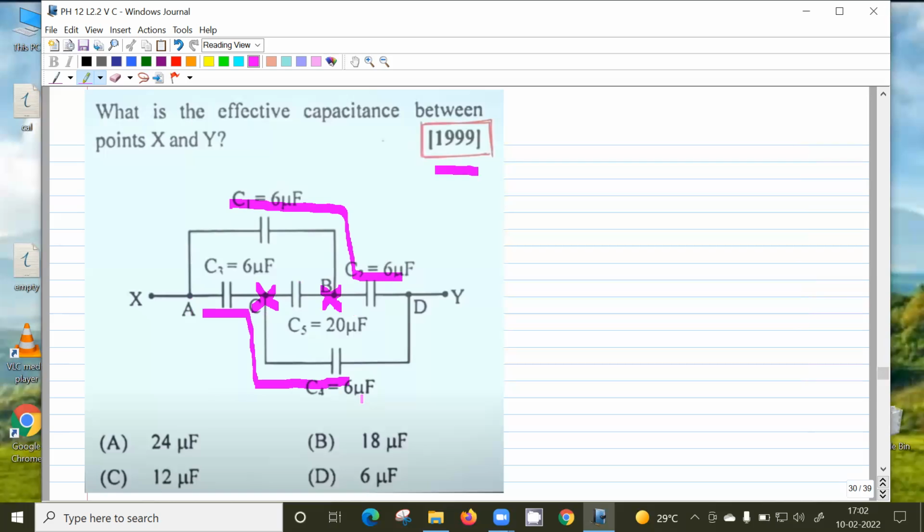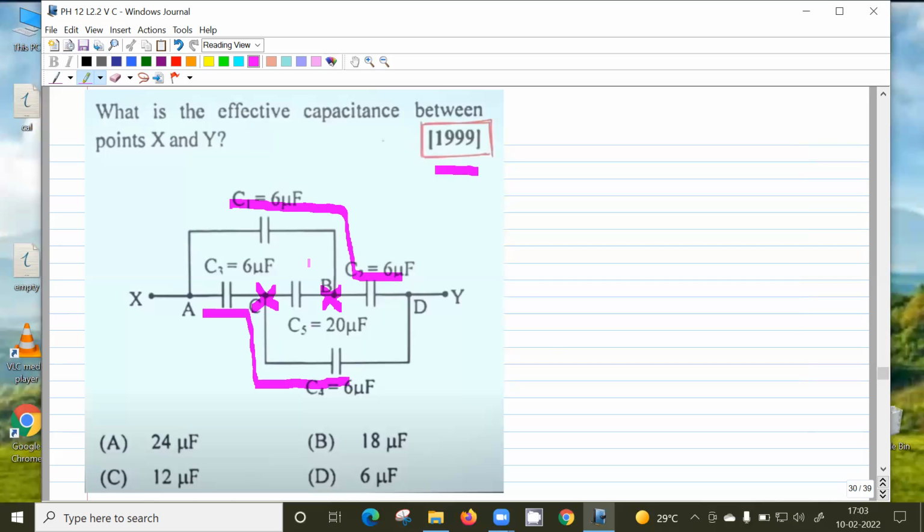So what is the answer? 6 and 6 in series is 3 microfarad, and this one is also 6 and 6 in series, 3 microfarad.